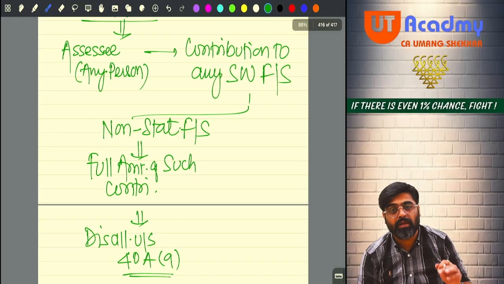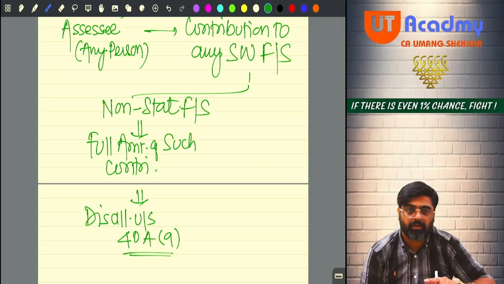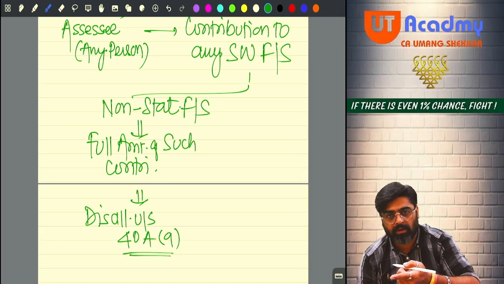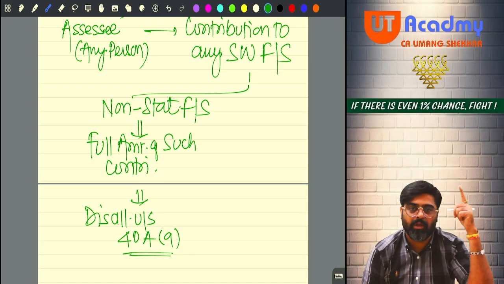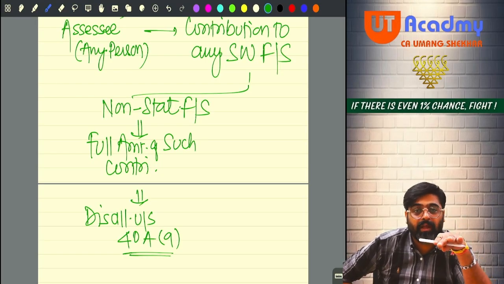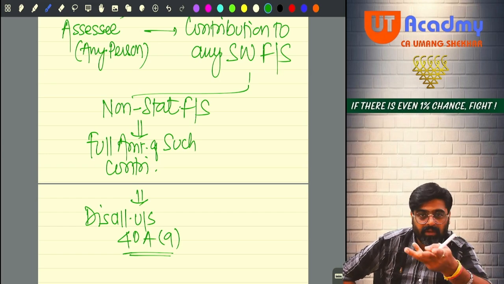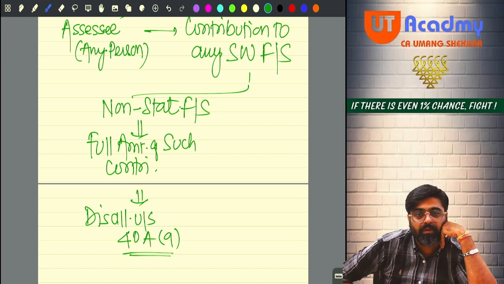What if we allow you the deduction for this amount right now? You will try to claim this amount as a deduction. We will allow you the deduction, but later on definitely you are not going to use this amount for the benefit of your employees. Just like the way in which we discussed unapproved gratuity fund. It can happen for other funds or schemes also, no?